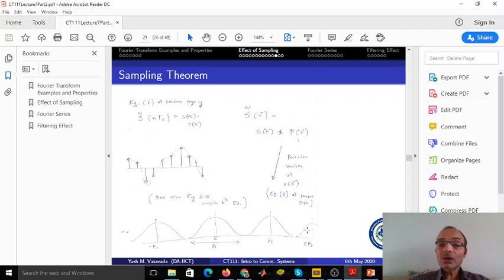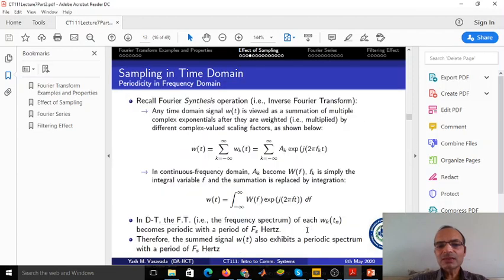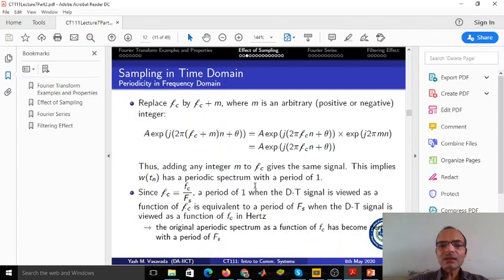But we kind of got the concept behind such a proof. And this type of proof is completely different from this reasoning that we gave here to show why this signal should become periodic once we sample it in time domain, why its spectrum should become periodic. This is one argument.